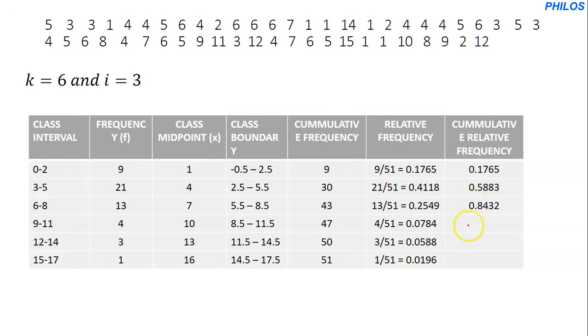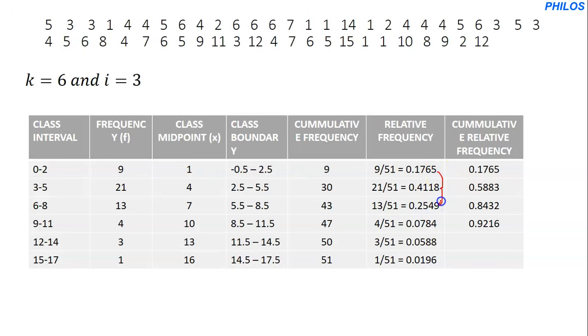Now to get a CRF of the fourth class, add from RF of first class to second class to third class to fourth class, and that will give you CRF of the fourth class. Are you with me?